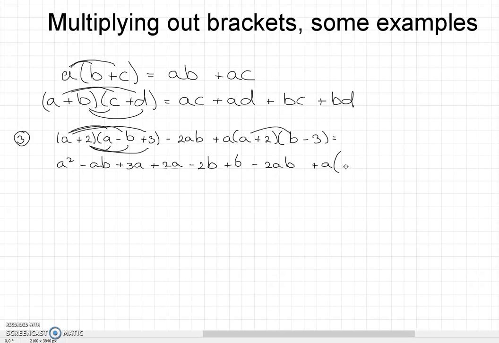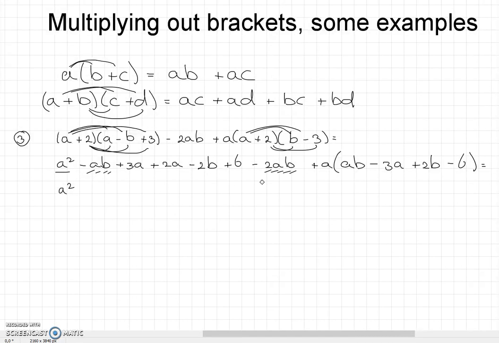So that's a times b. a times negative 3. 2 times b. 2 times negative 3. And then we're going to collect like terms in the first part. a squared is on its own.